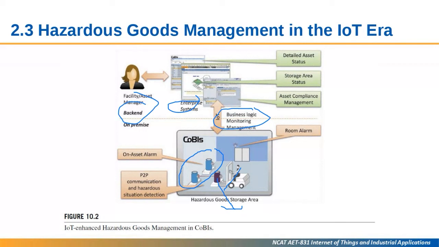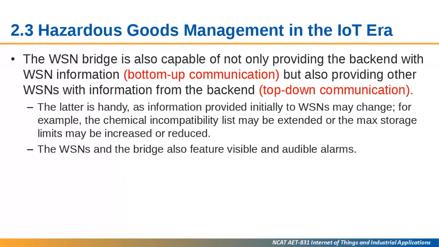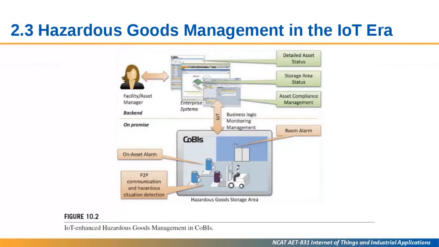So two things here, we have the on-site warning, and for the enterprise system, we also have a warning. So the wireless sensor network bridge is capable of not only providing the backend with wireless sensor network information, bottom to up communication, basically telling the backend what's happening on the floor.